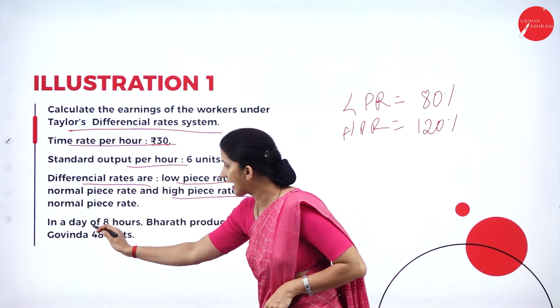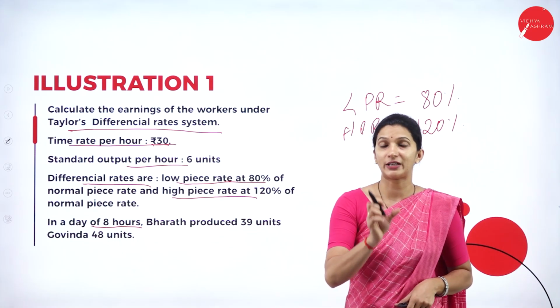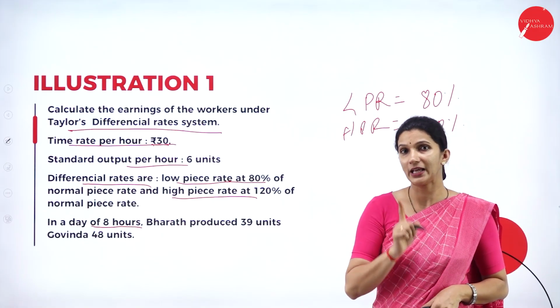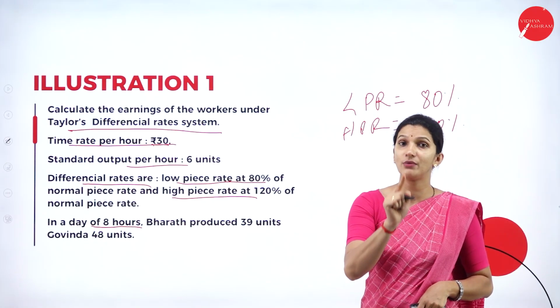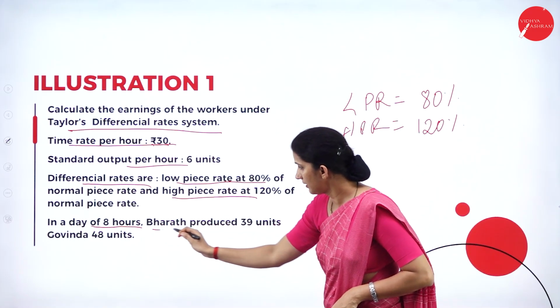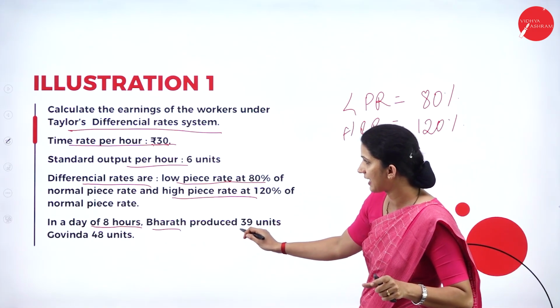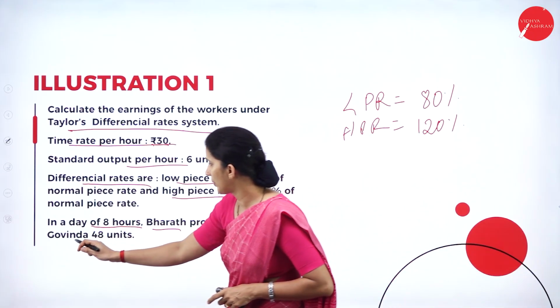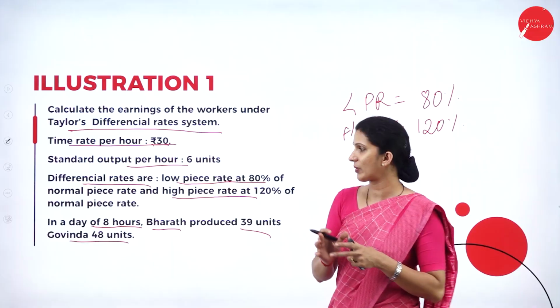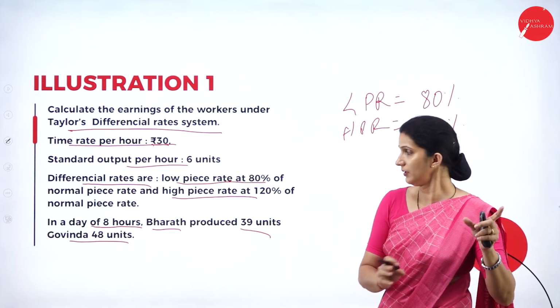And then in a day of 8 hours, that means we need to calculate 1 day wages, where 1 day working hours is 8 hours. For 8 hours, the worker Bharat produced 39 units and Govinda produced 48 units. So here in this question, we have two workers.